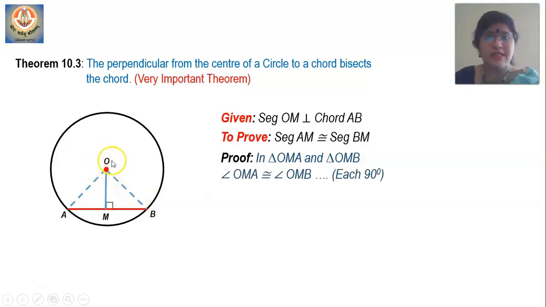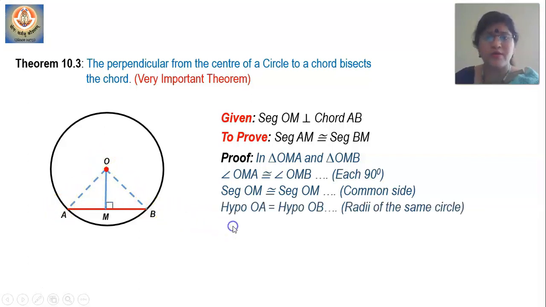Let's start with what is given. Angle OMA is congruent to angle OMB. We know that because it is given that it is perpendicular. The line OM is perpendicular to the chord AB. Next step. OM is congruent to OM. It's a common side. OM segment is shared by both the triangles. And then what about OA and OB?